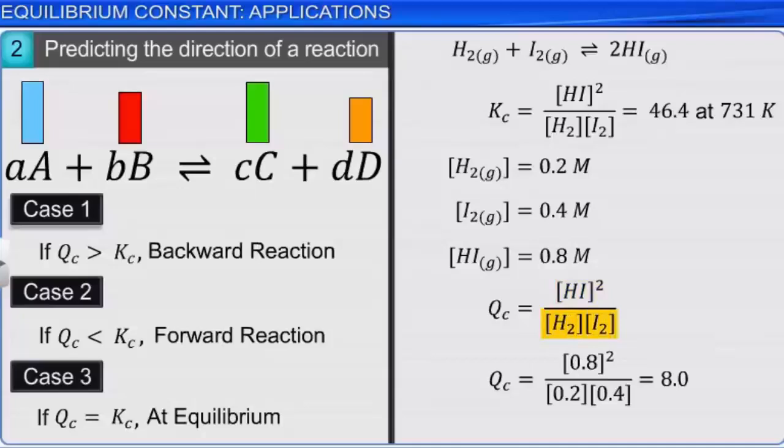This is equal to 0.8 squared divided by 0.2 into 0.4. The value of the reaction quotient comes out to be 8.0. As it is smaller than the equilibrium constant, the reaction proceeds in the forward direction. It means that more of gaseous hydrogen and iodine react to form the product hydrogen iodide.